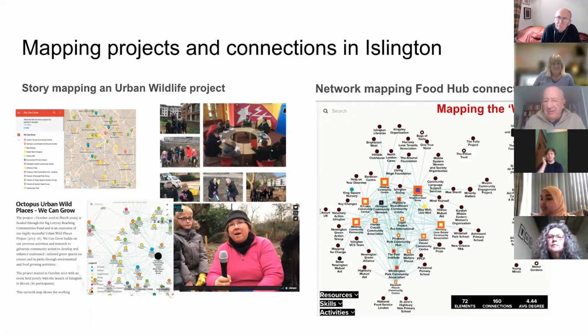But the trouble is, in all sorts of projects, we don't have ways of measuring that. And what network mapping can do is provide you with metrics that tell you how connected a community is at the moment and how that changes in the future. So connectivity is a major part of what we're trying to show in network mapping.